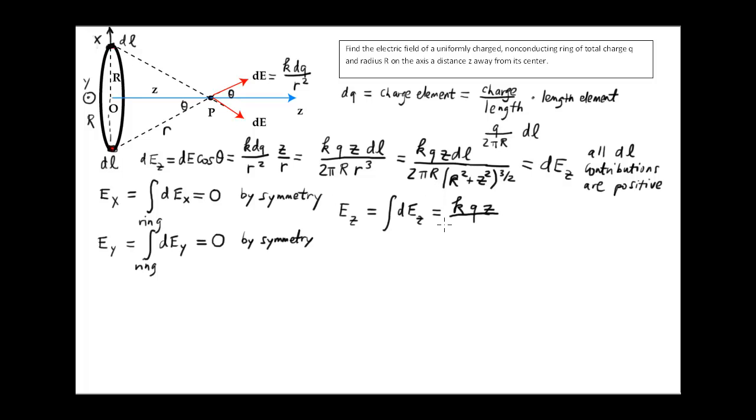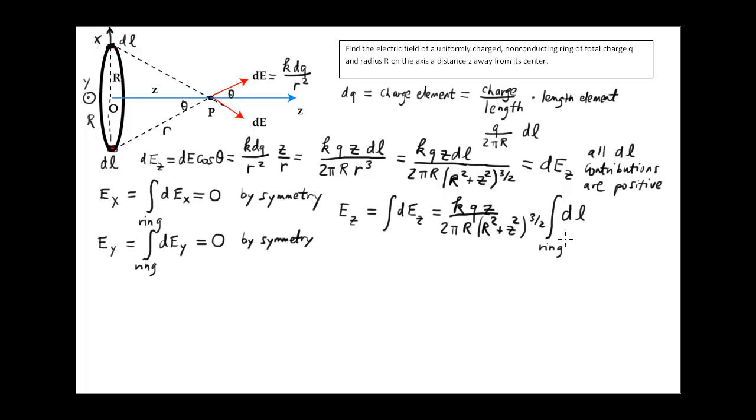Look at the denominator. 2 pi, that's obviously a constant. The radius of the ring is a constant. And look at the r squared plus z squared term. Those are also constants. They're not affected by performing the integral. So all of those terms, as we integrate around the ring and add up all of the contributions of the different length elements, all we end up with inside the integral is dl.